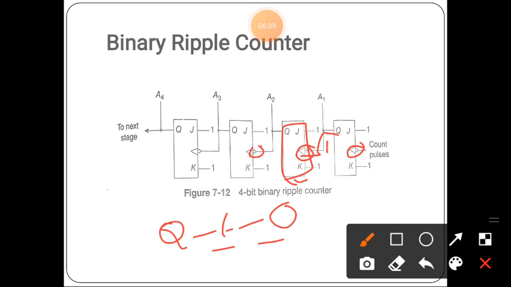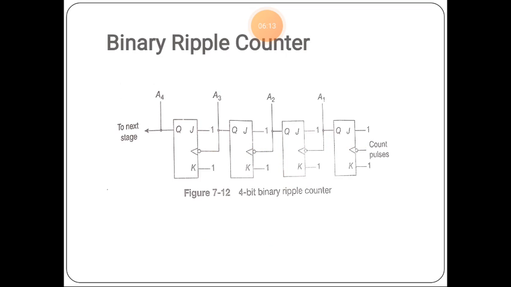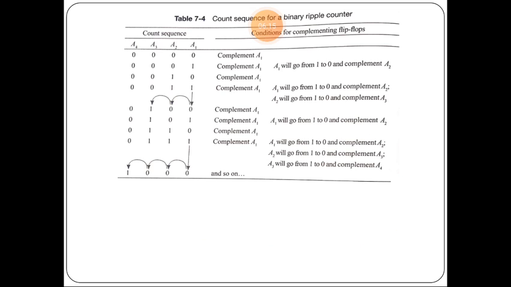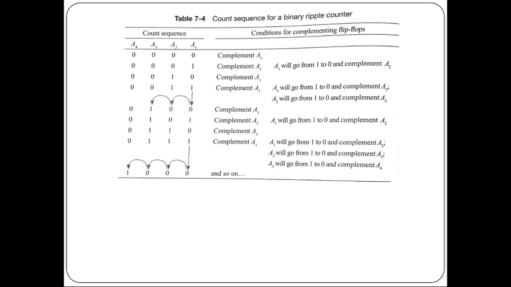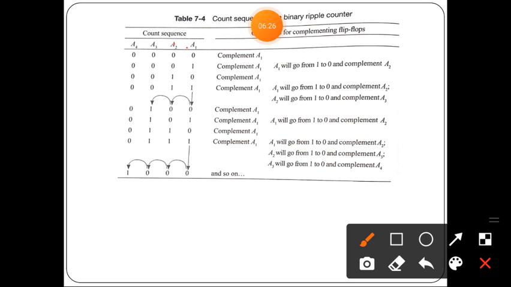The operation of this counter can be explained using a sequence diagram. Here there are 4 outputs: A1, A2, A3, A4, and initially the counter is set to 0, 0, 0, 0.